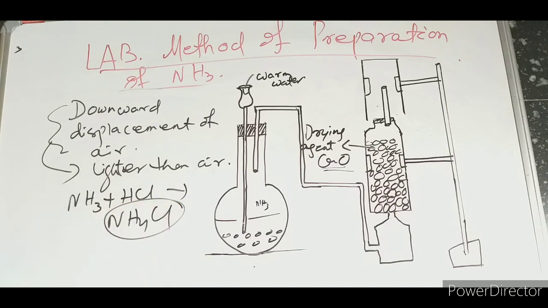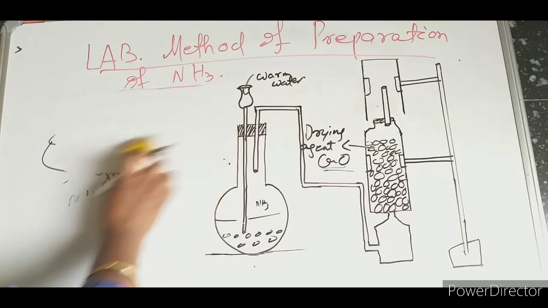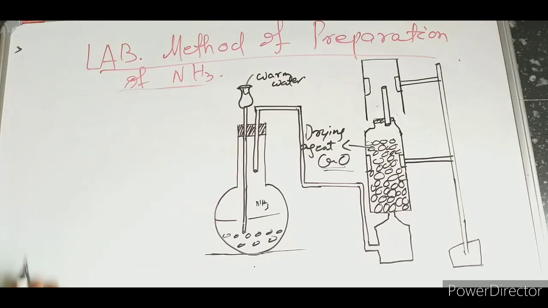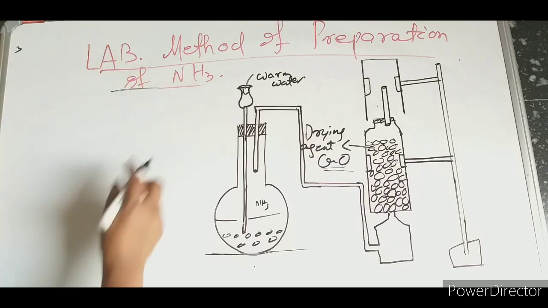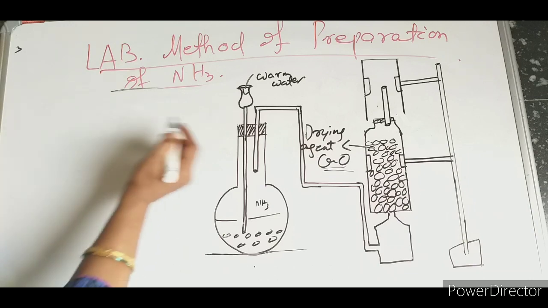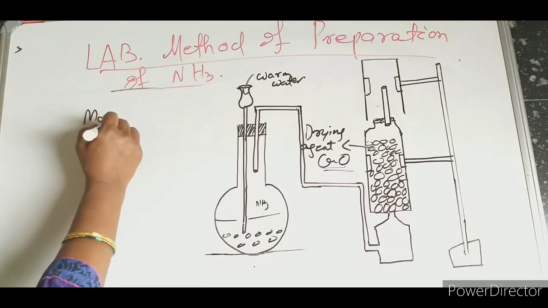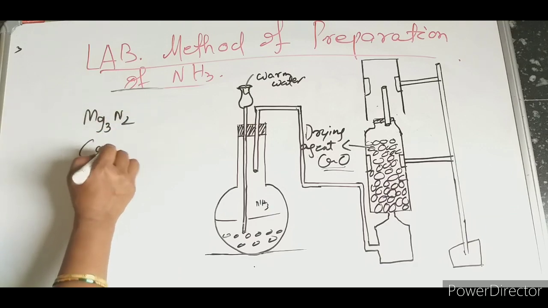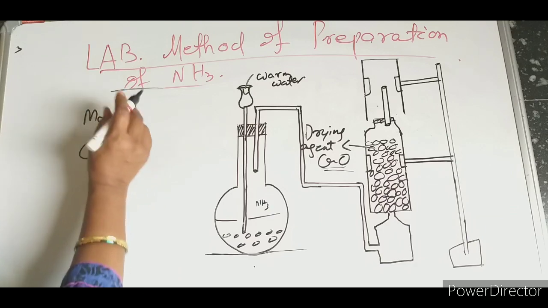Clear? But one important thing is, this method is not preferred. As I told earlier, the reactant we are using should be cheap, easily available, and safe. Here, these metal nitrides are not cheap.